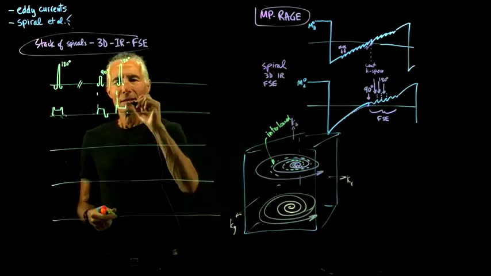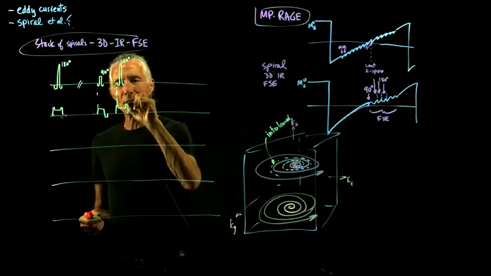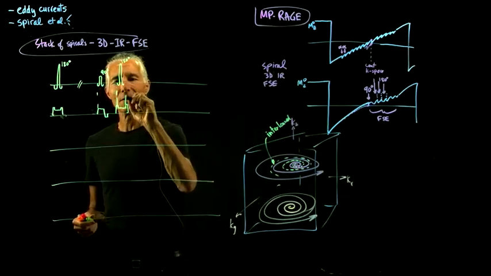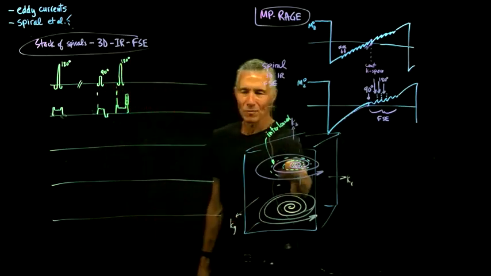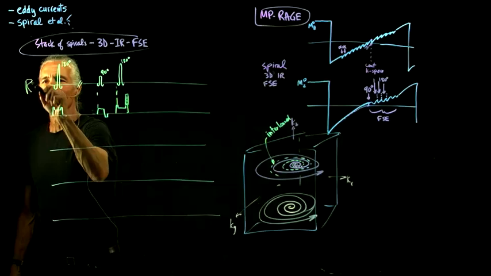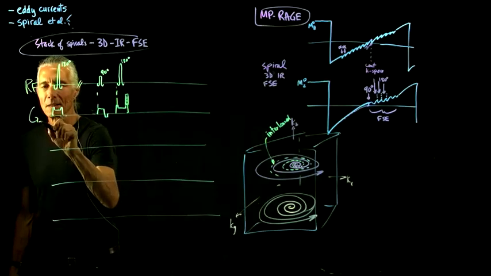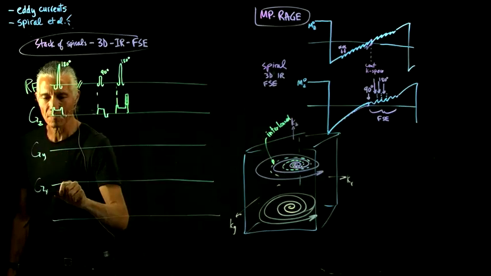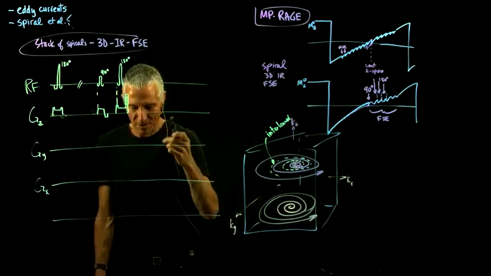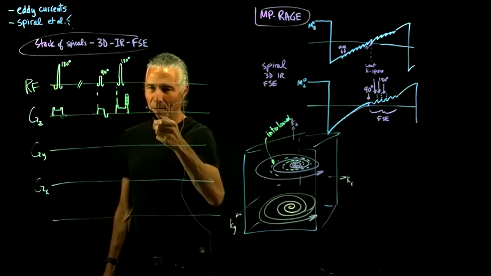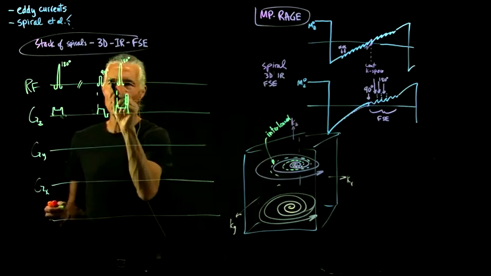So what does the pulse sequence look like? Well, we have to tack on all the different partition directions here, like that. That moves us up and down in K-space. And then we have our readout, and the readout is the spiral readout. So that moves us to a particular part of K-space. Then we wait for the echo.